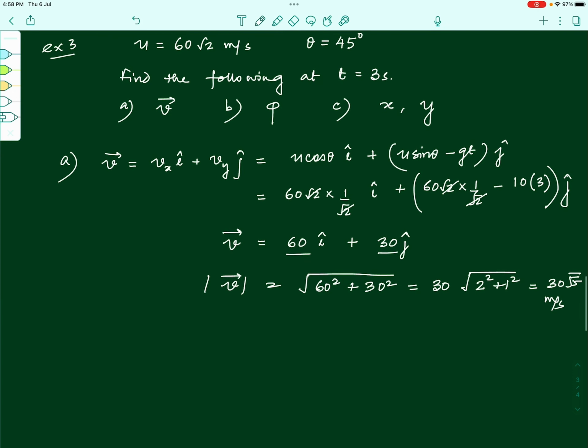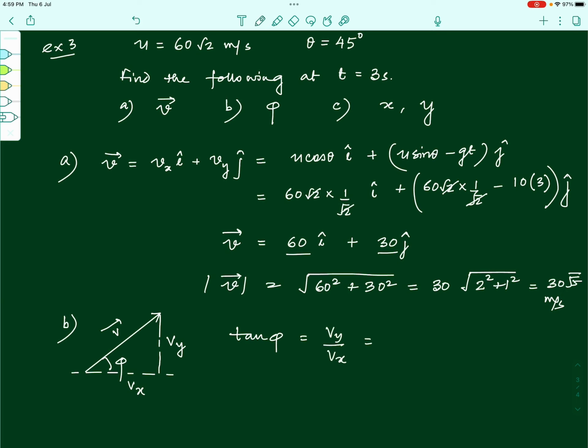And the next part of the question now is to find out the angle that this velocity vector makes with the horizontal. So, once again let us draw the figure corresponding to this to understand this better. Vector v, let us say, makes an angle phi with the horizontal. In that case, we can connect the Vx component along the x direction and Vy with angle phi as tan phi is equal to Vy by Vx.